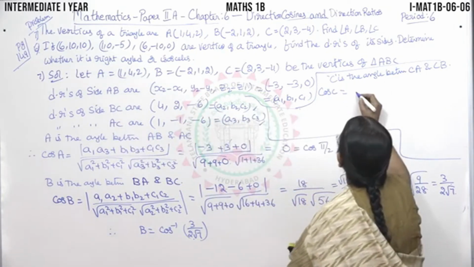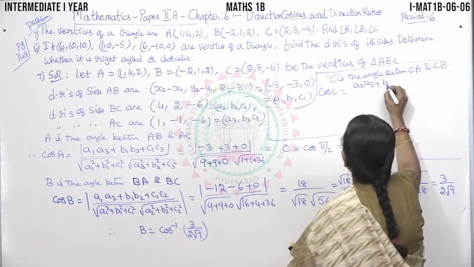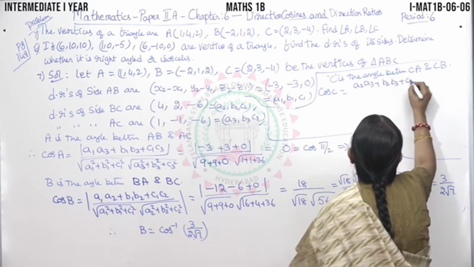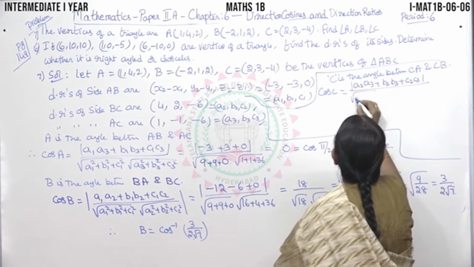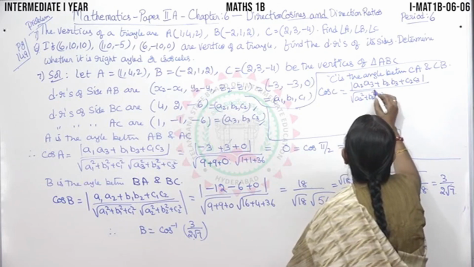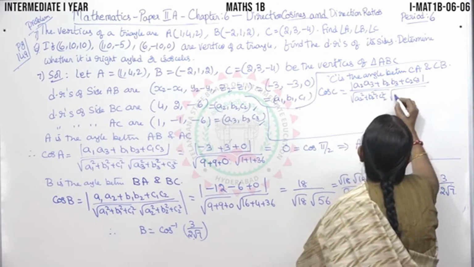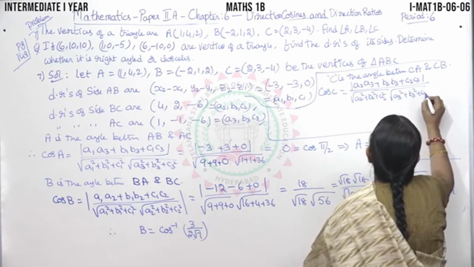So the formula becomes A2 A3 plus B2 B3 plus C2 C3 by root of A2 square plus B2 square plus C2 square into root of A3 square plus B3 square plus C3 square.